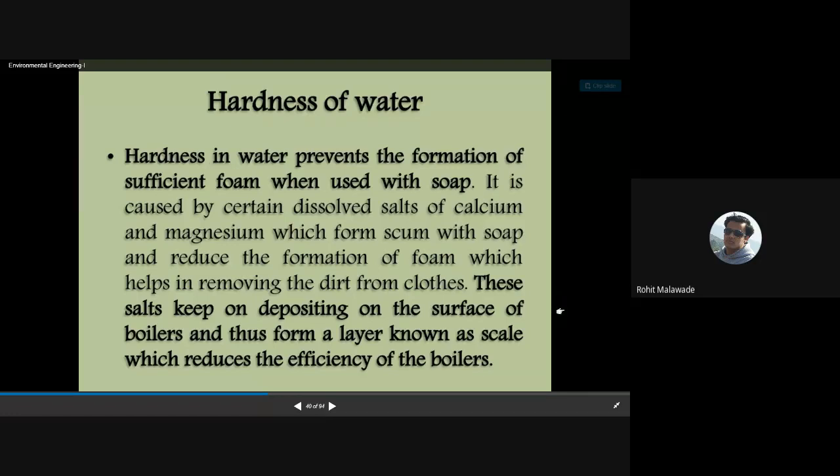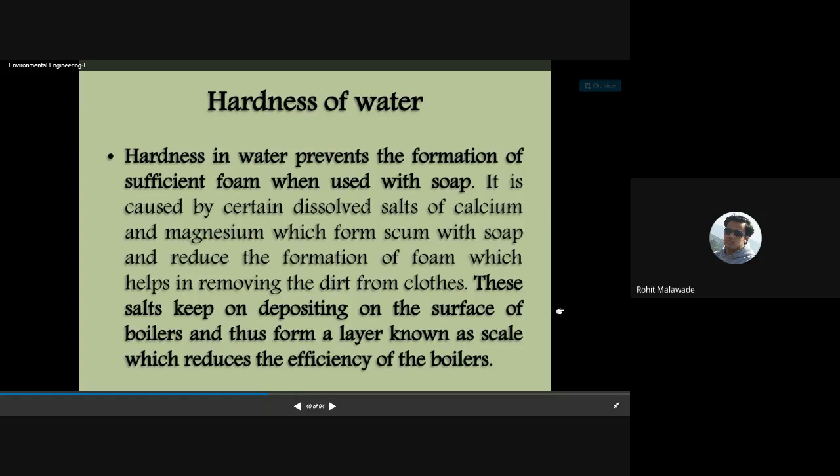If the water has salts of calcium and magnesium associated with sulfate, nitrate, chloride, carbonate, or bicarbonate, then it makes the water hard.